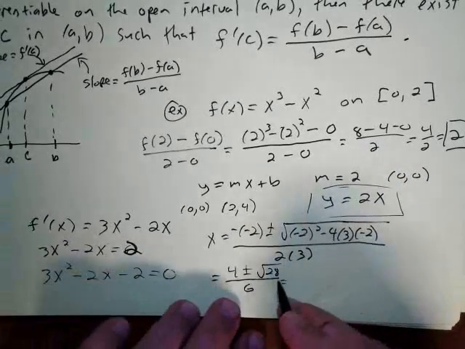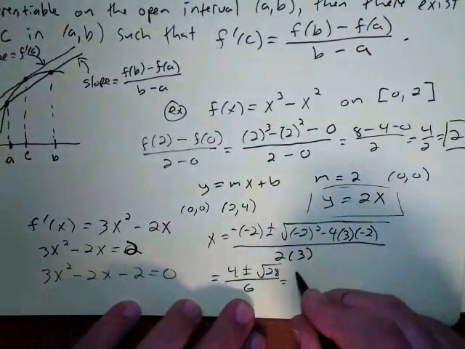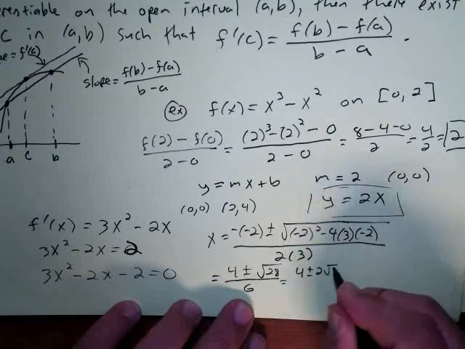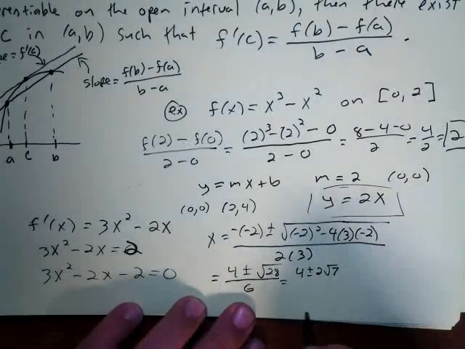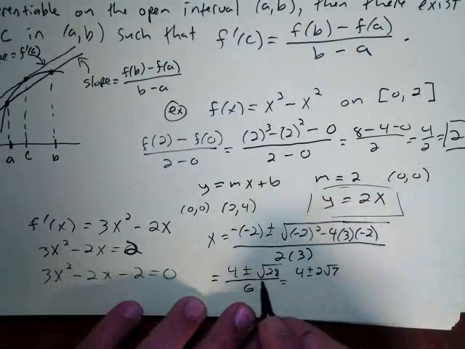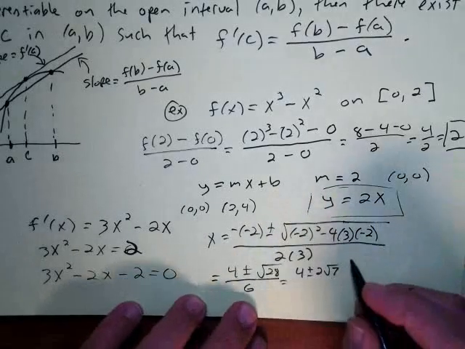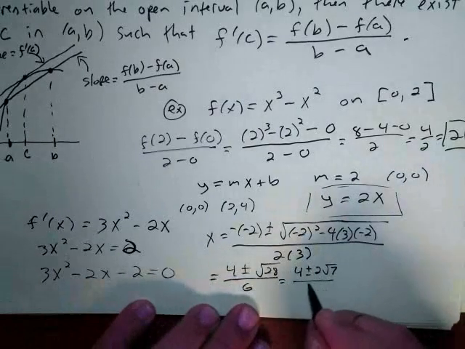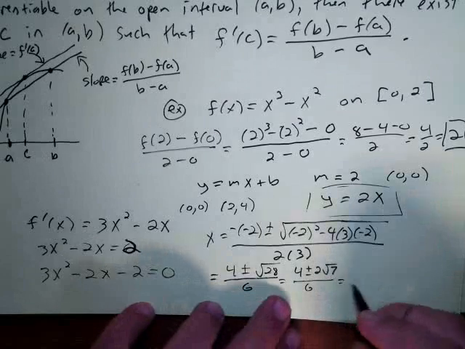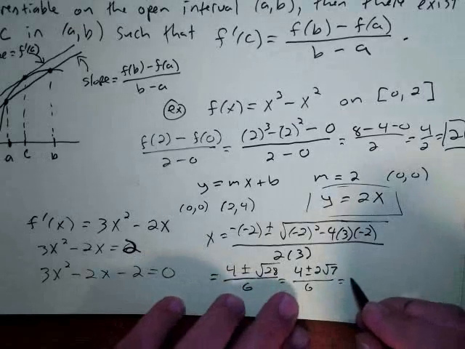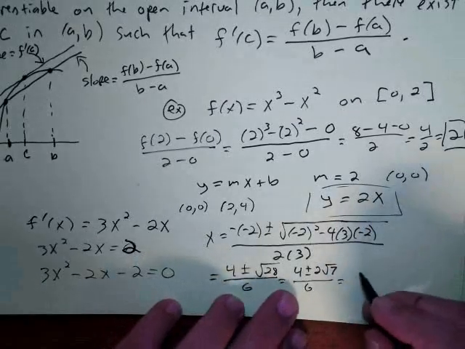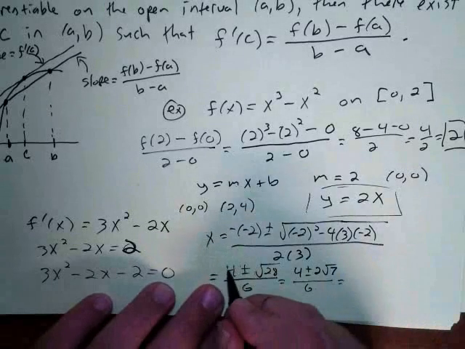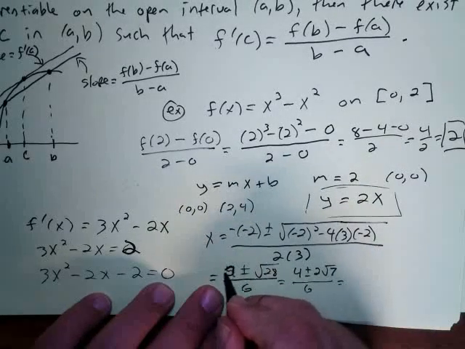Now I can rewrite this: the square root of 28 is the square root of 4 times the square root of 7, so it would be 2 square root of 7 all over 6. And now I can simplify this, and I'm going to get, oh, I'm not sure, this should have been just positive 2, not 4.